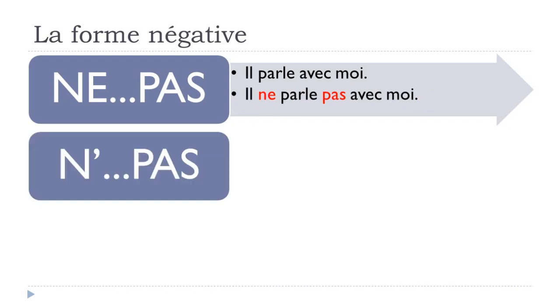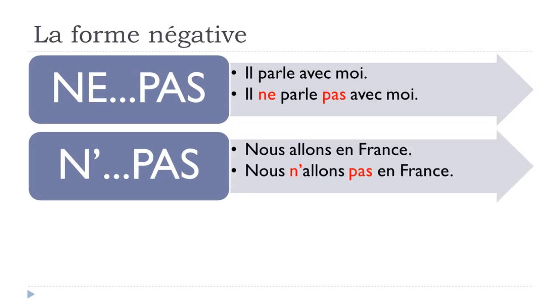Let's see now how it will go with n apostrophe pas. So, nous allons en France. In that case, you've got the verb aller. Aller means to go. Nous allons, we are going, en France, to France.